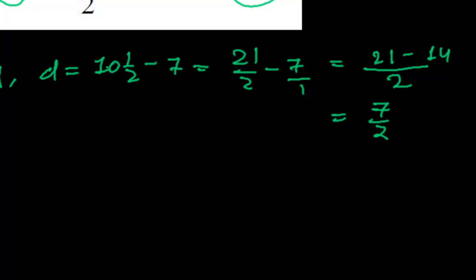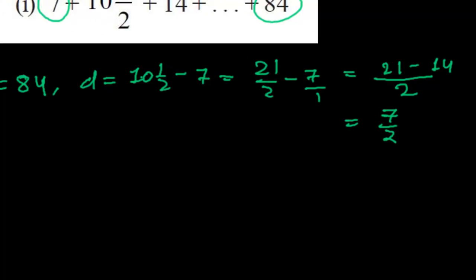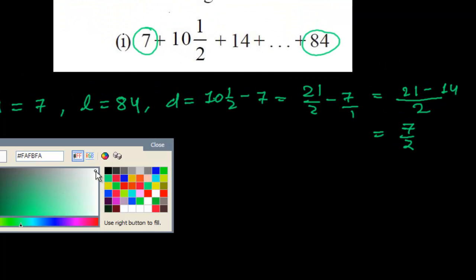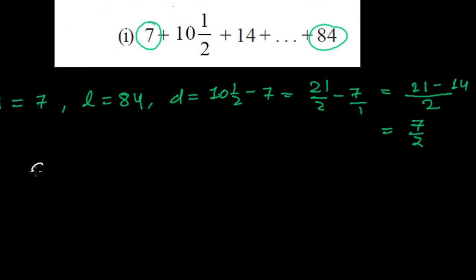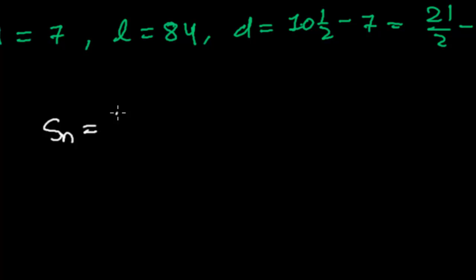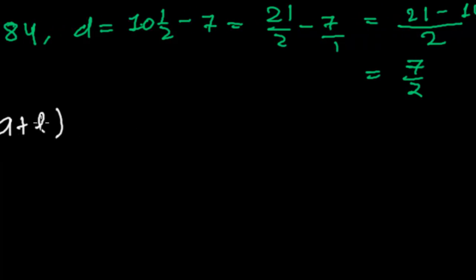Now we have to find out the sum of this series. So let me write the sum of the series formula. We know that the sum of n terms is equal to n upon 2 times a plus l, that is first term plus last term, right?